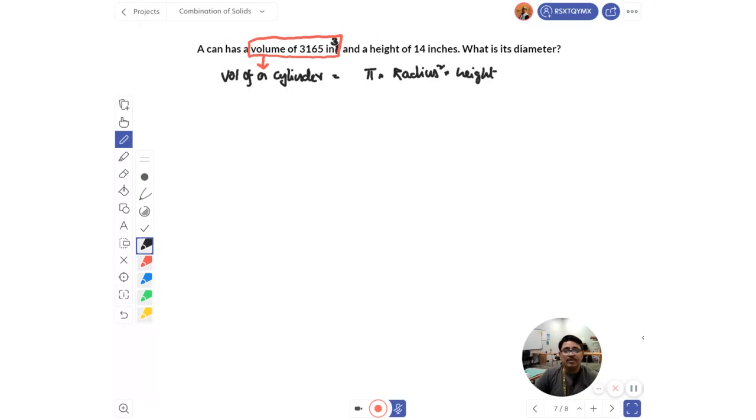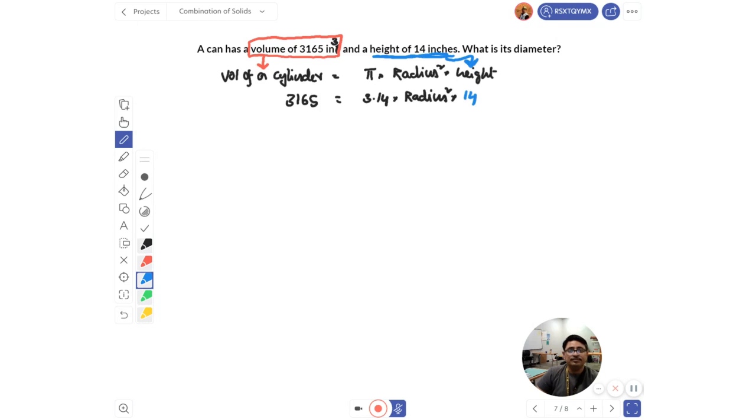Therefore, 3165 equals, the value of pi can be taken as either 3.14 or 22/7. So let me take 3.14 times radius square. What is the height? You see that in the given question it is mentioned as 14, so just plug in here. Again, I'm repeating, height is given as 14 inches. Therefore that value goes here.